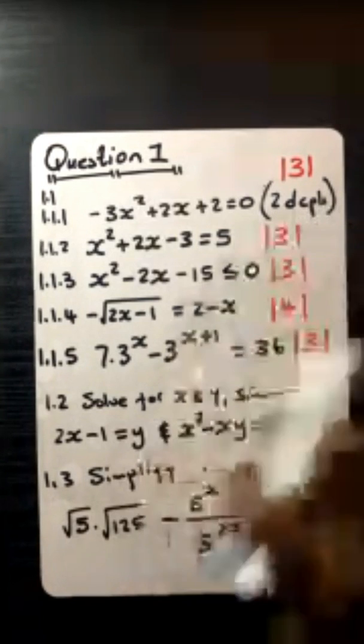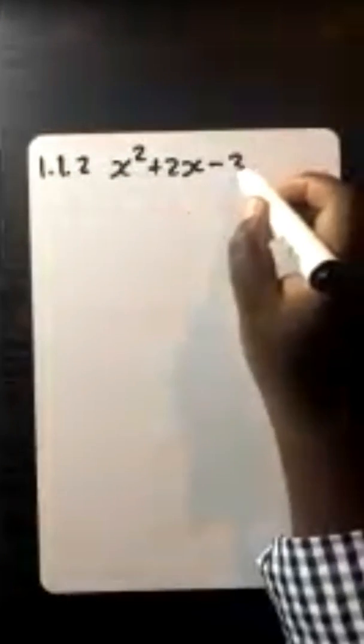So guys, let's now move to question 1.1.2. I'm going to quickly write it down. 1.1.2, which is x squared plus 2x minus 3 equals 5. And this question is allocated 3 marks.